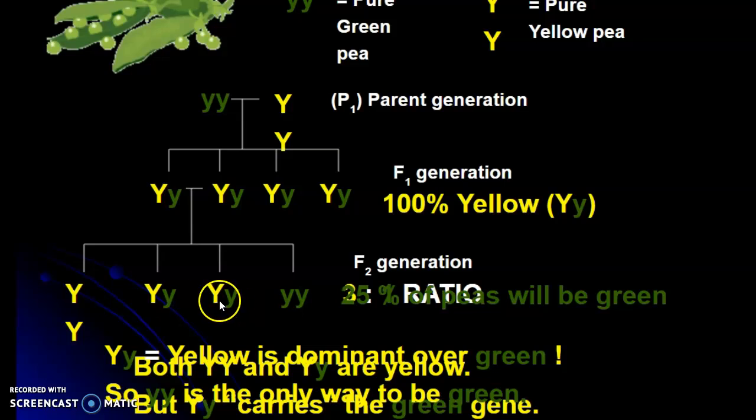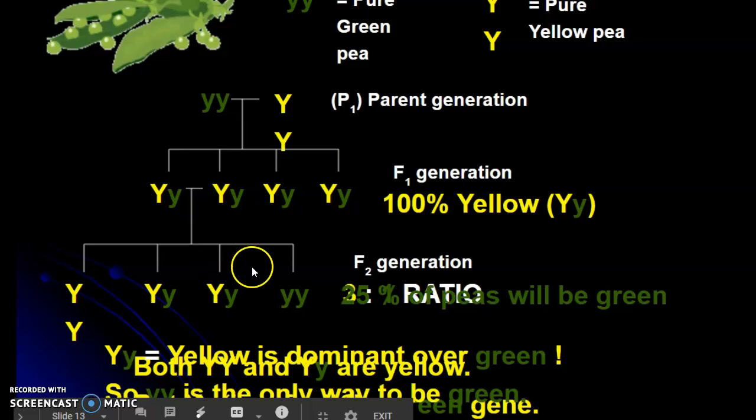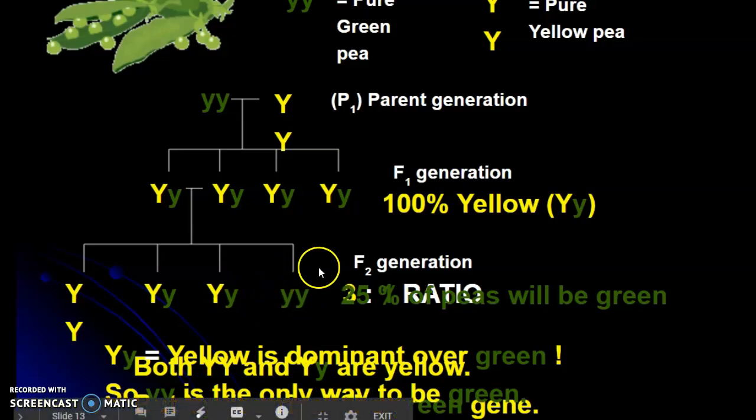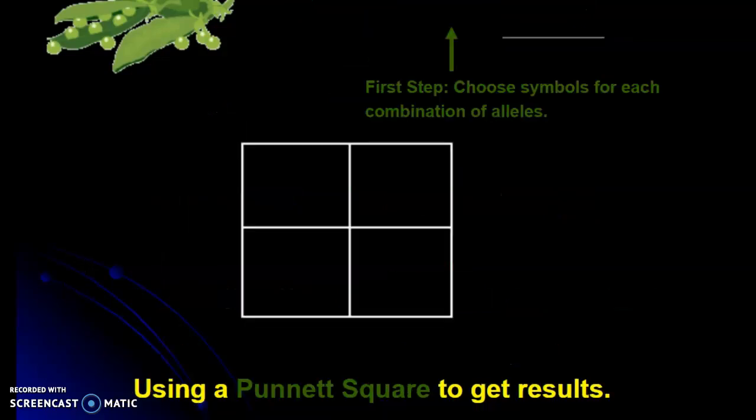In this case, it's just the opposite: the little y from that parent and the big Y from that parent. That's another possibility, but of course you're yellow. The final possibility is you get a little y from that parent and a little y from that parent. Of course, that one's going to be green. And we got our 3-to-1 ratio to make a green pea.